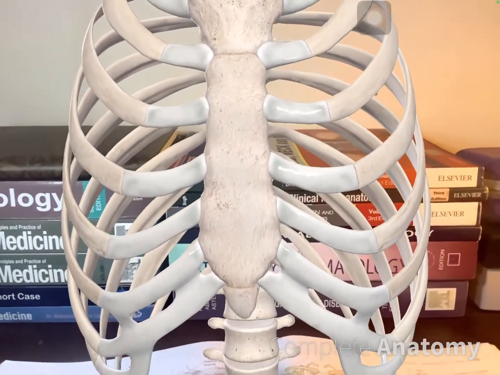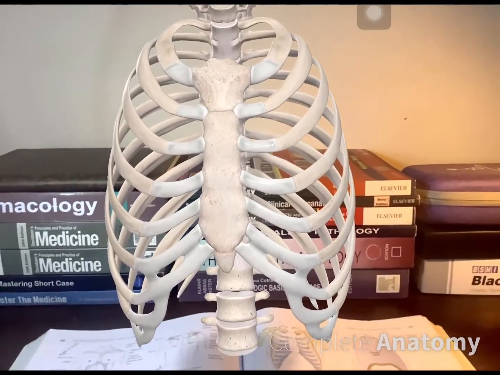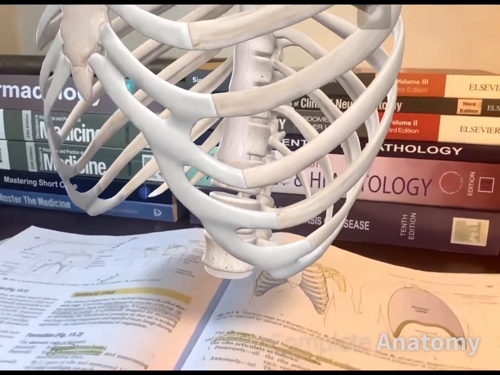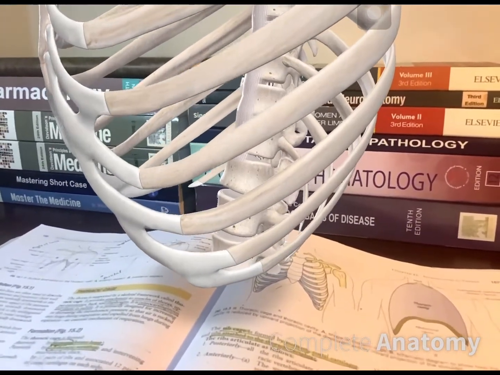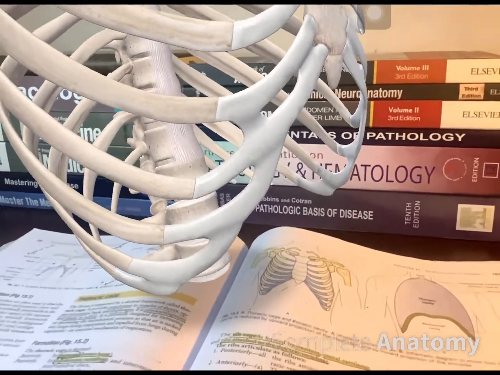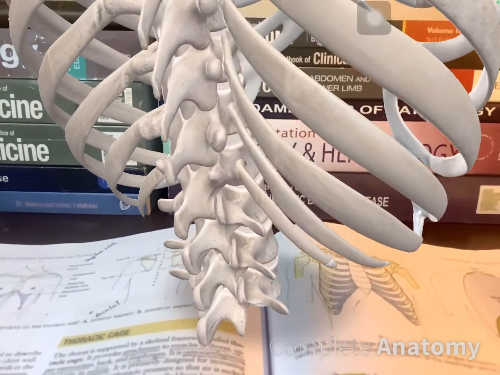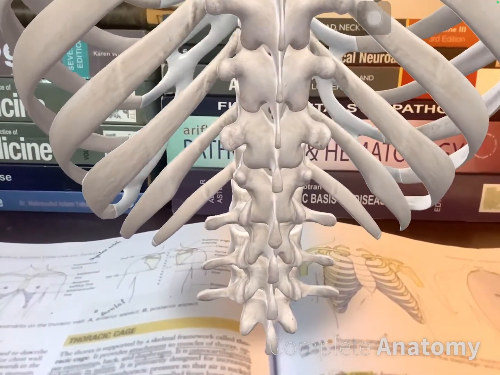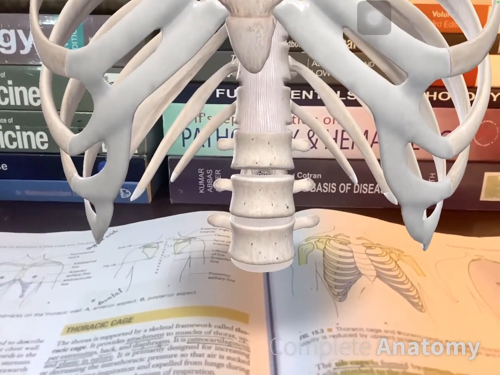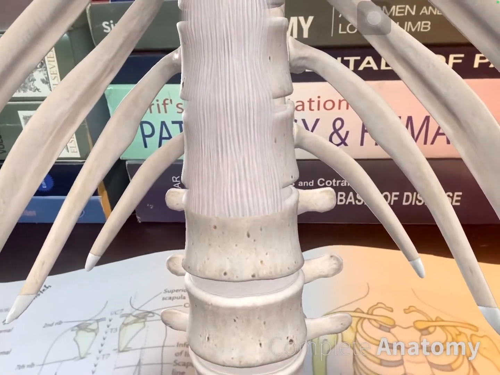Here, the white portion is costal cartilage, and the next 3 ribs, that is 8th, 9th and 10th, articulate with each other through costal cartilages. Again, the lower 2 ribs, that is 11th and 12th, do not articulate with any rib, and the anterior ends of their costal cartilages are free.